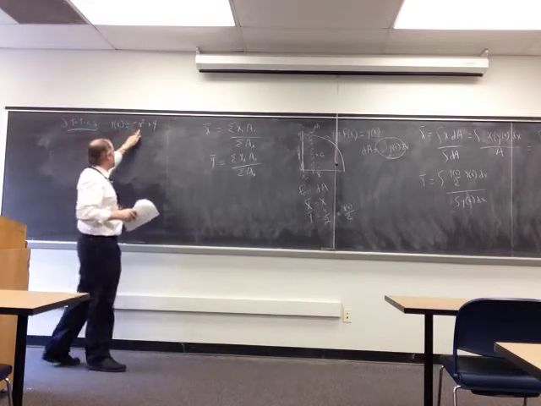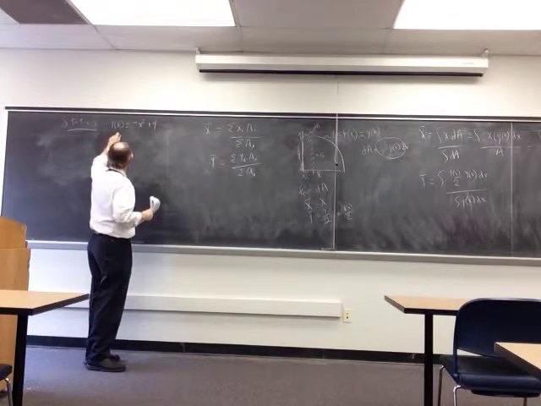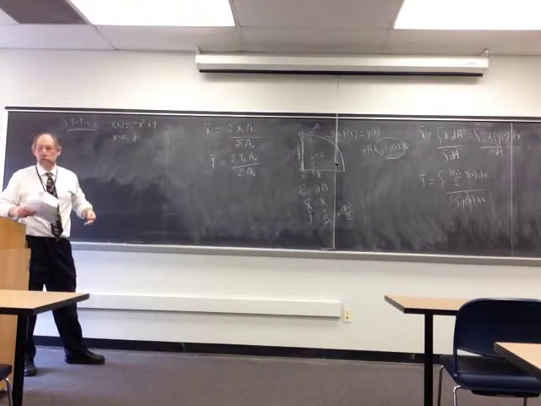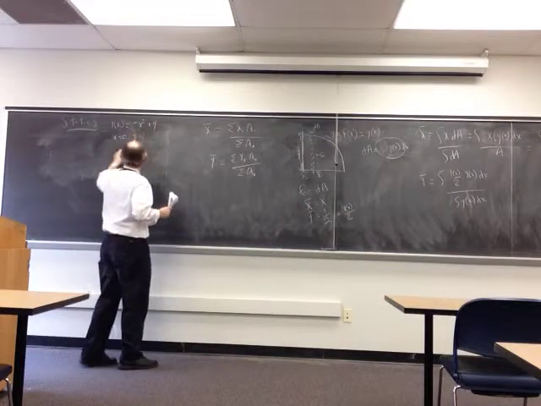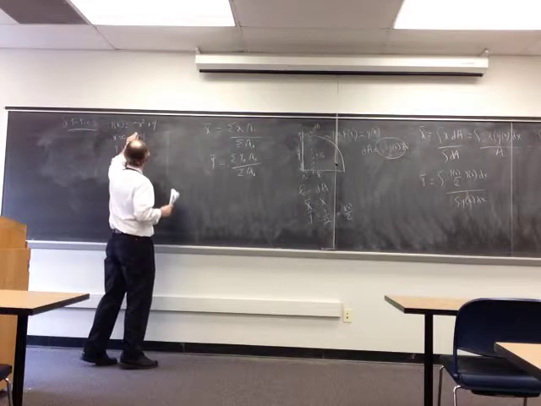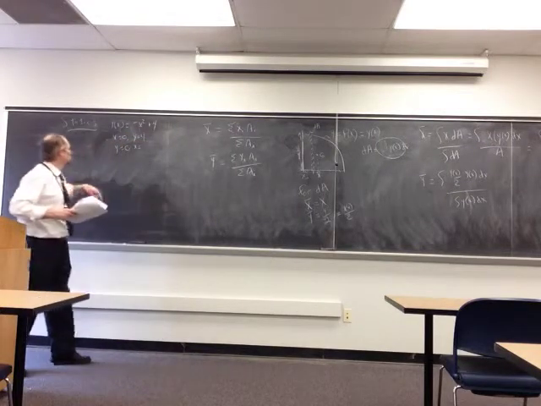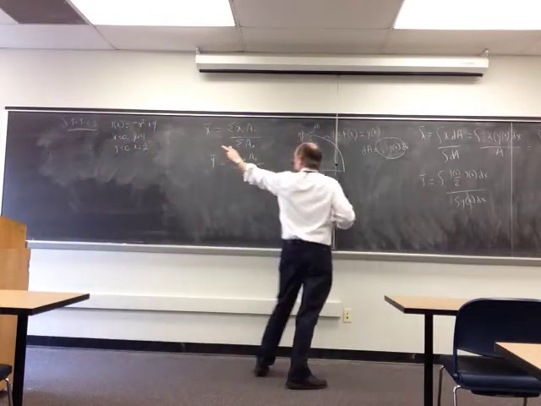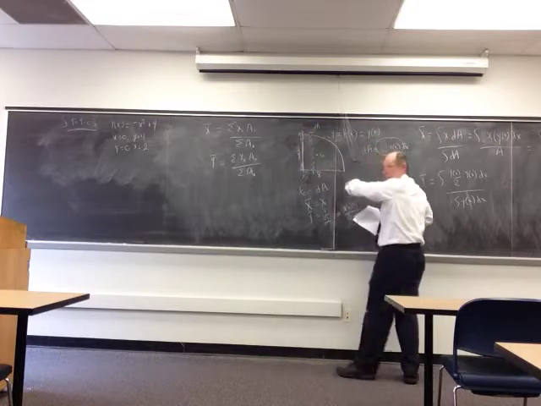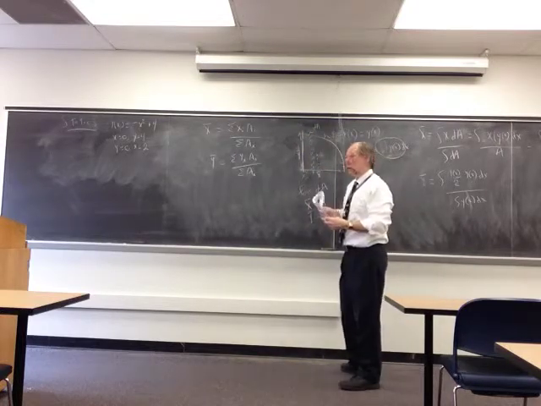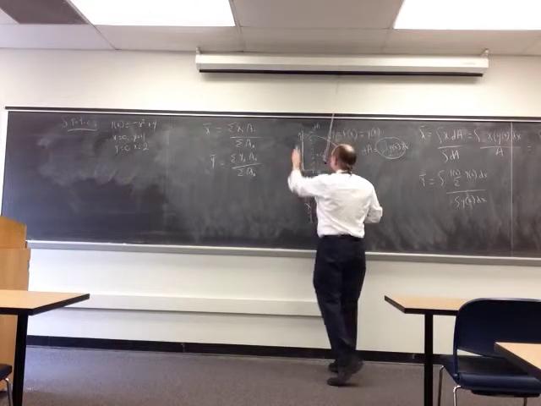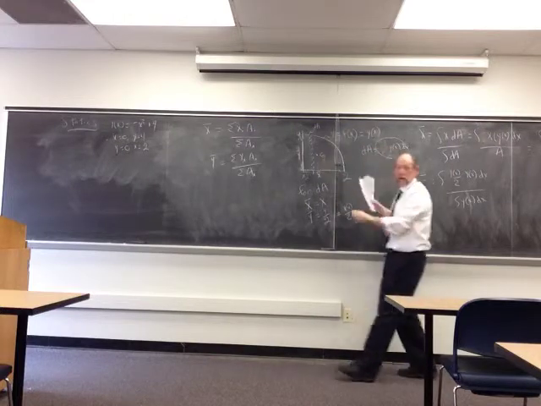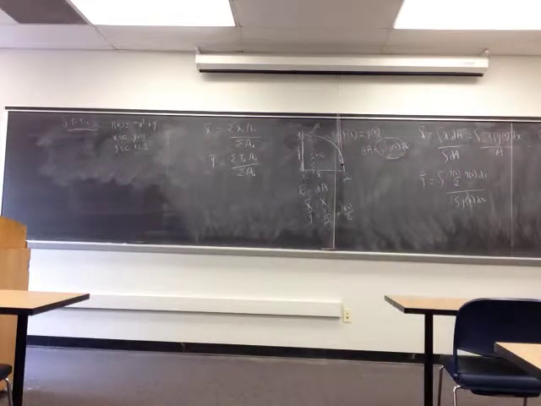If y of x equals minus x squared plus 4, when x equals 0, what does y equal? 4. And if y equals 0, what does x equal? 2. Which tells us that minus x squared plus 4 defines this line. So when x is 0, y is 4, and when y is 0, x is 2. That gives us the limits that we need to integrate over.